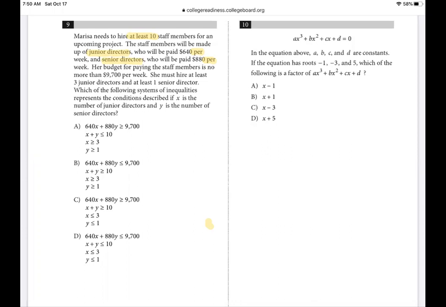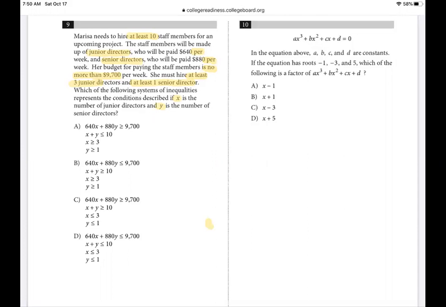Next, we have no more than $9,700 per week, and in the next sentence, at least 3 junior directors and at least, again, 1 senior director. So this is just highlighting key information to translate this problem. And then it is asking us to choose the system to represent the conditions. Make sure you acknowledge your labels, which is X and which is Y.